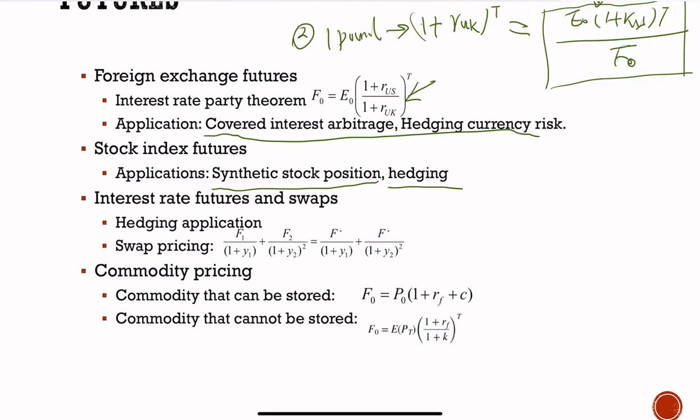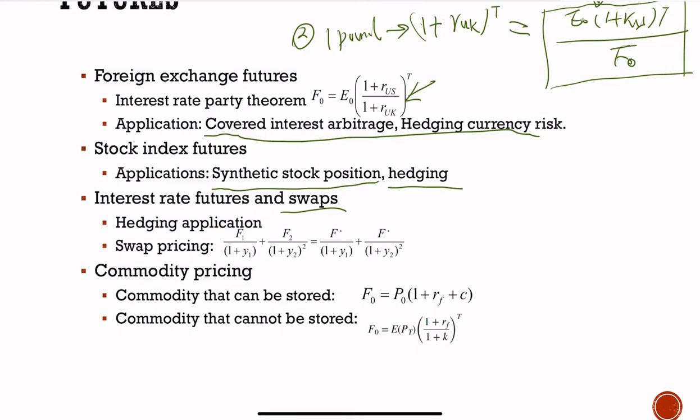And then we talk about interest rate futures and swaps. Again, there's a hedging problem in the lecture note, so make sure you understand it. And there is also this pricing formula. The idea about this pricing formula is you can replicate the so-called swaps using two futures.